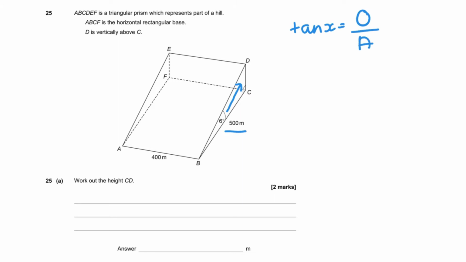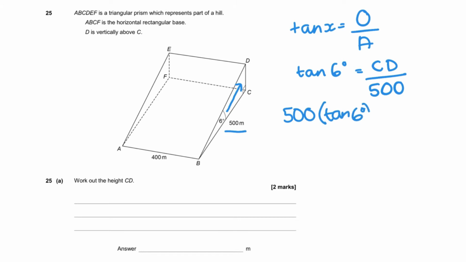Let's fill in what we know. We've got tan 6 degrees is equal to CD, the length we're looking for, divided by 500 metres. So to get CD on its own, I'm going to times both sides by 500. So we've got 500 times tan 6 degrees is equal to CD.